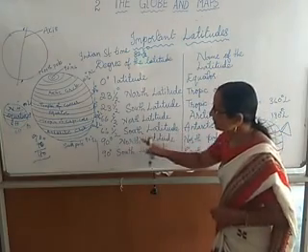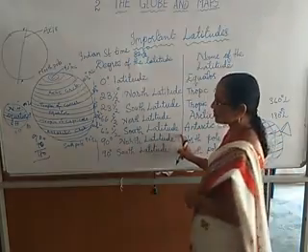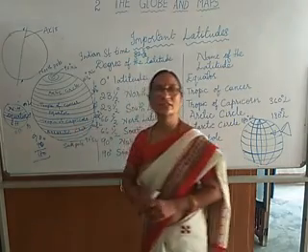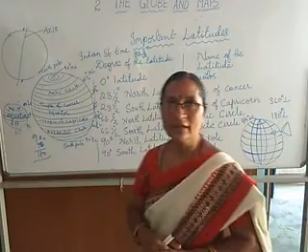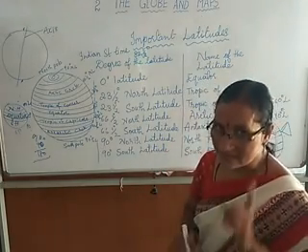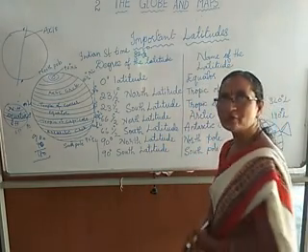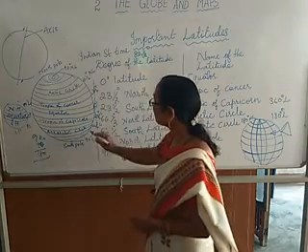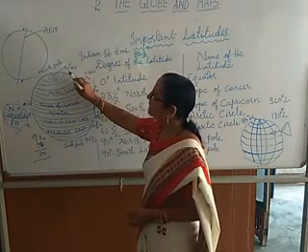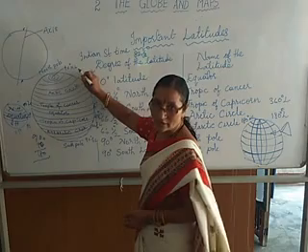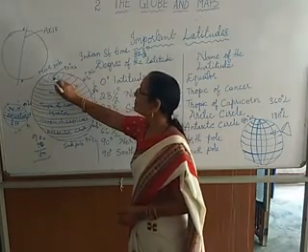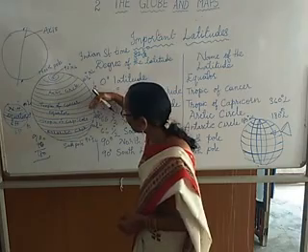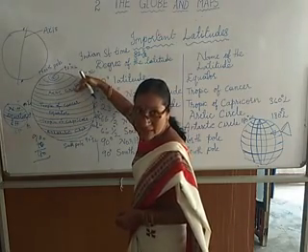Next one, 90 degrees north latitude. It is just simply a point. We learned that latitudes keep decreasing as they move towards the poles, so the 90 degree latitude is only a point, a dot. In the north, the 90 degree latitude is called the North Pole, and in the same manner, the 90 degree south latitude is called the South Pole.